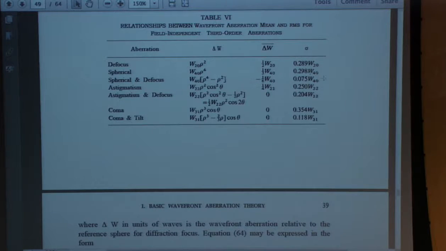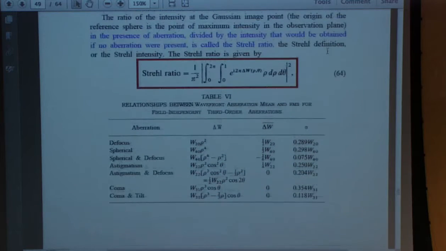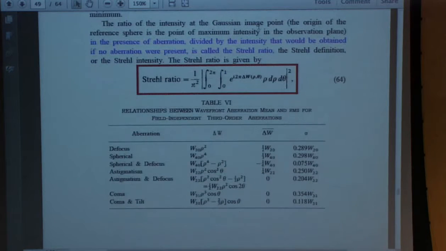And it does greatly reduce it down to 0.075. Astigmatism is 0.25; I put in some defocus here, which brings it down to 0.354 times the coefficient here, and coma plus tilt will bring it down to about 0.118. Okay. I'm sorry, I had forgotten to mention that when I was talking about RMS up above.